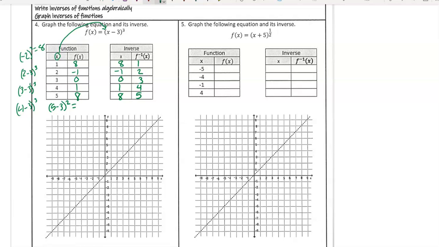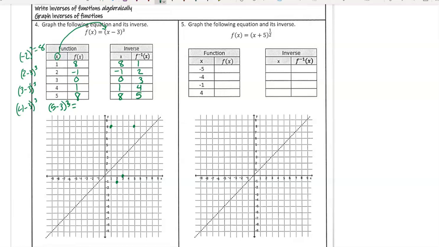I'll do the original in green. So 1, 8, 2, negative 1, 3, 0, 5. What did I do wrong? Did I do anything wrong? Oh, that's a 3. 2 cubed is still 8.